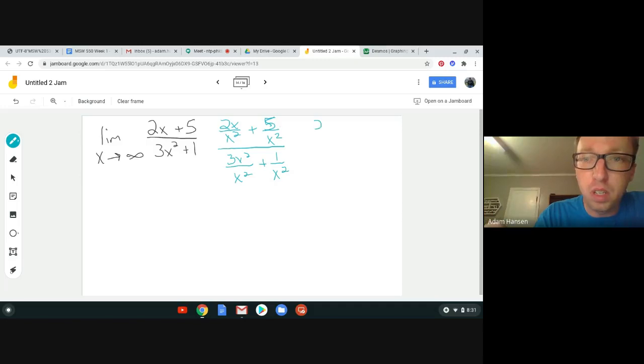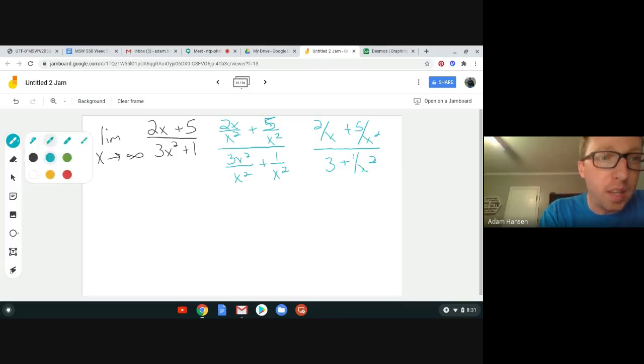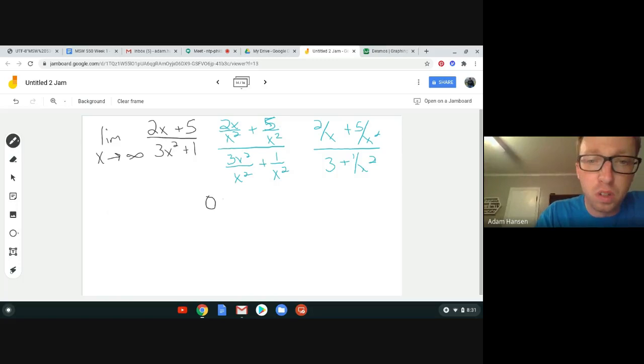That's going to give me 2 over x plus 5 divided by x squared divided by 3 plus 1 over x squared. When I take the limit as x approaches infinity of the top, I'll get 0 plus 0 divided by 3 plus 0.